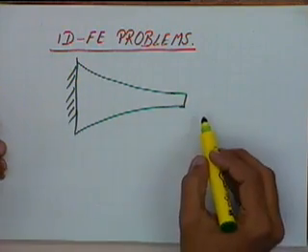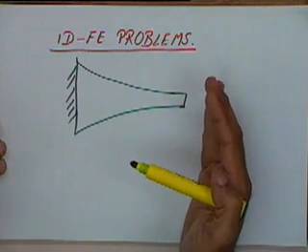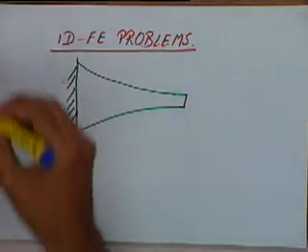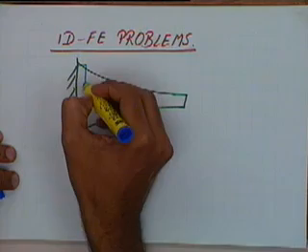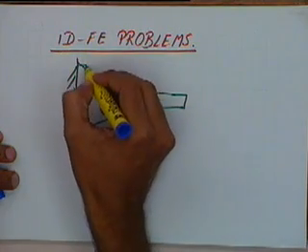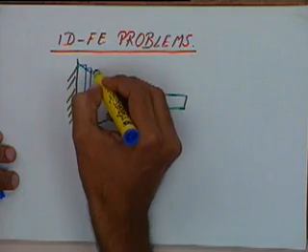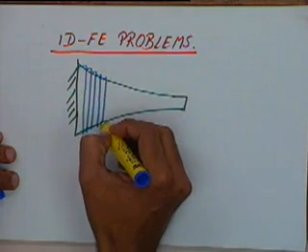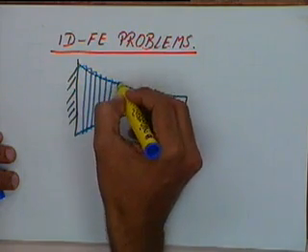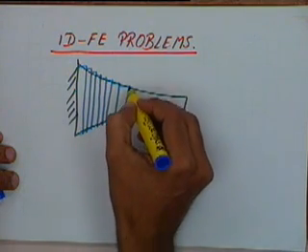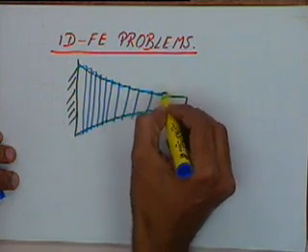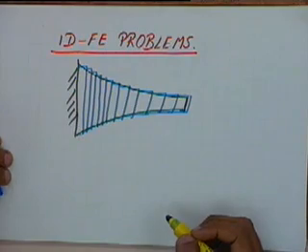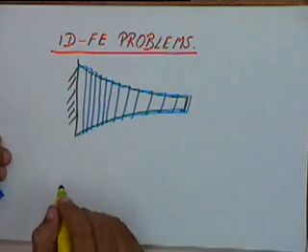We want to divide this body into a set of small one dimensional elements. For dividing into a set of small one dimensional elements, we will approximate this by elements of this type. Each of these will be treated as one single element.